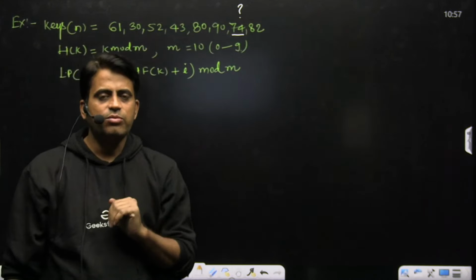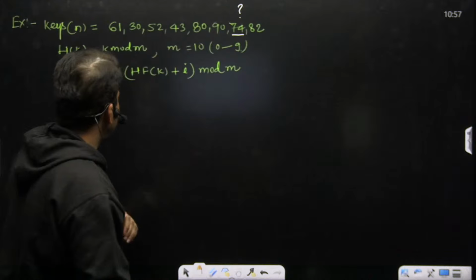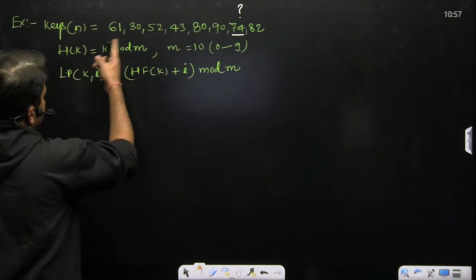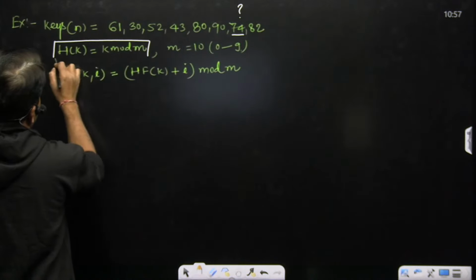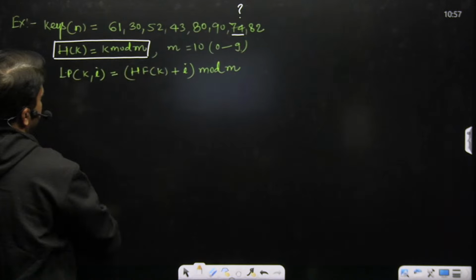So first you have to construct the hash table by using linear probing. These are the keys, this is the hash function given, and this is the linear probing formula.